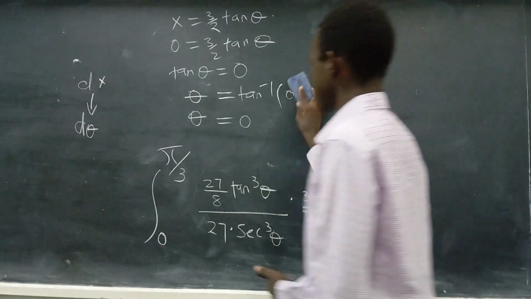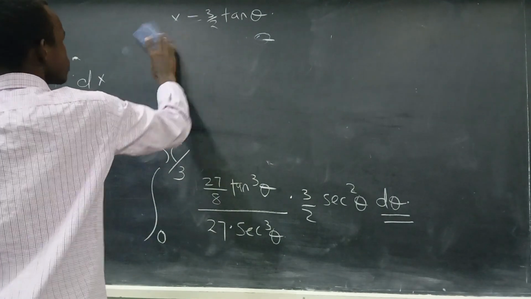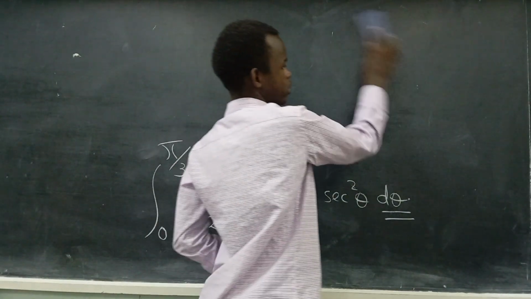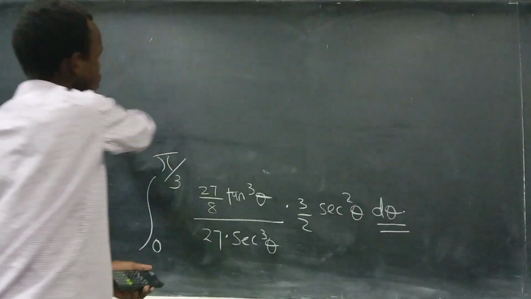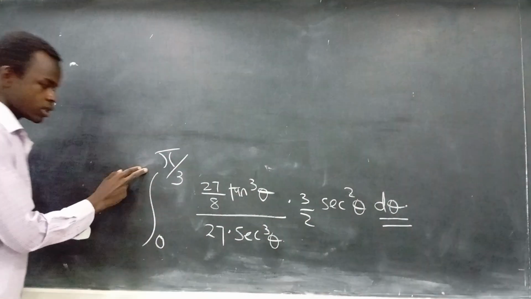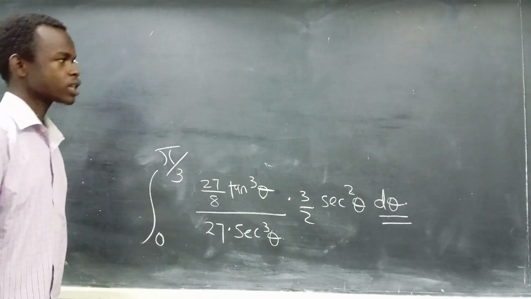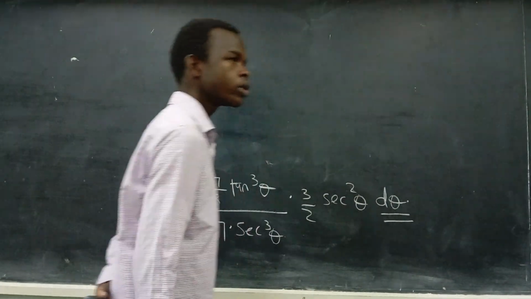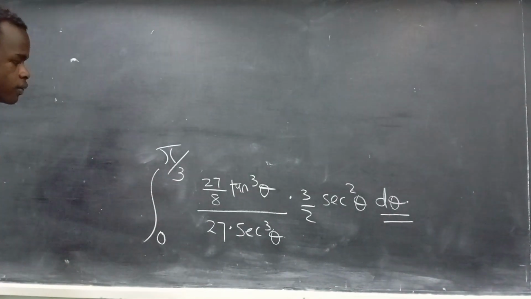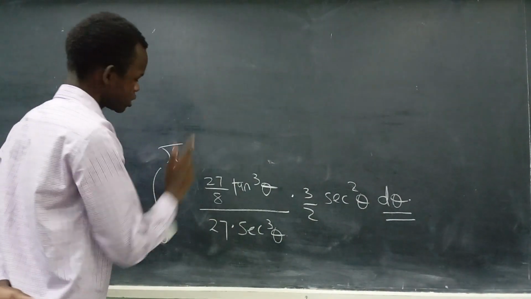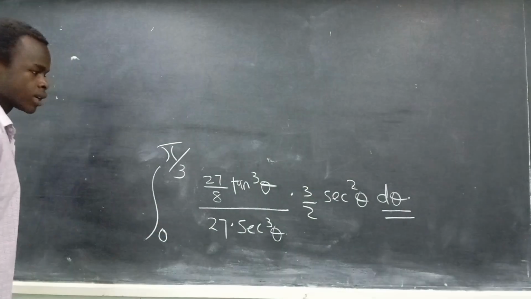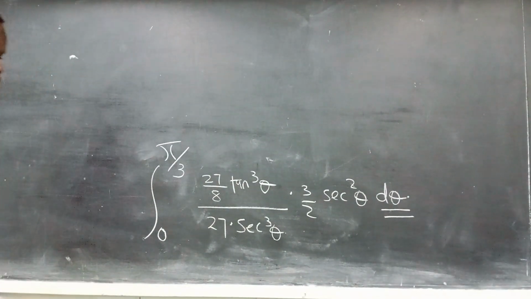And these concepts of changing bounds only apply on substitution, when you're given bounds and you're trying to change from dx to d theta or d theta to du, we'll have to perform that small change to the bounds. But whenever there are no bounds, no need for changing, right?